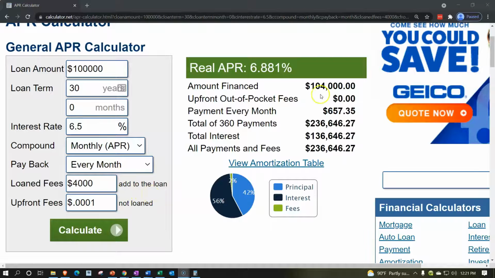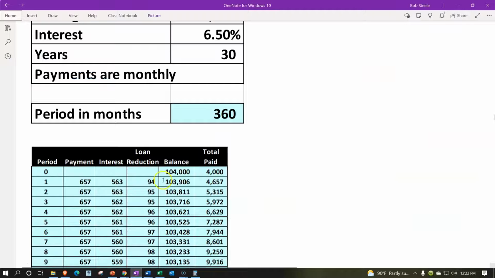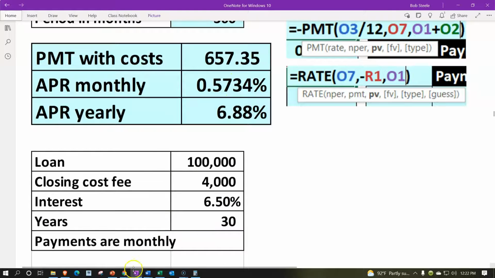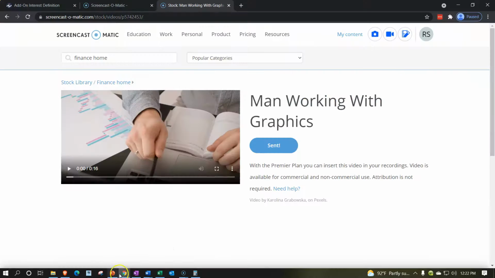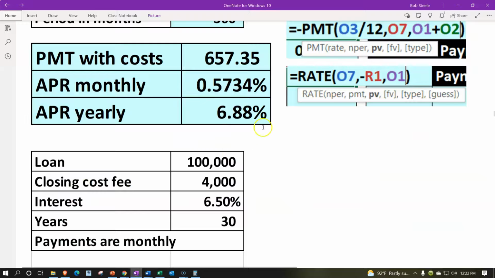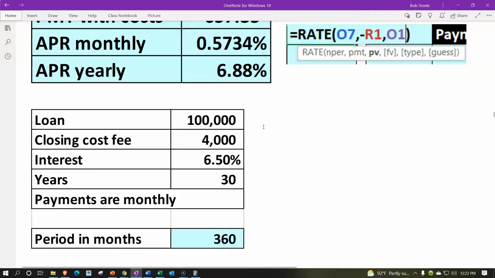Calculating that, we get a 104,000 loan and the 657.35 payments, right? The 657, that's what we came to. And the rate is 6.881. They took it out another decimal, so that's fine.